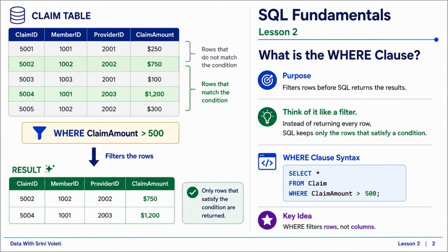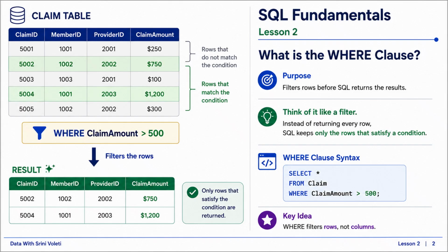Now look at the remaining claims. Claim 5001 is only $250, claim 5003 is only $100, and claim 5005 is $300. Since none of these amounts are greater than 500, SQL simply skips them. As a result, only the two matching claims appear in the output table. Everything else is filtered out.